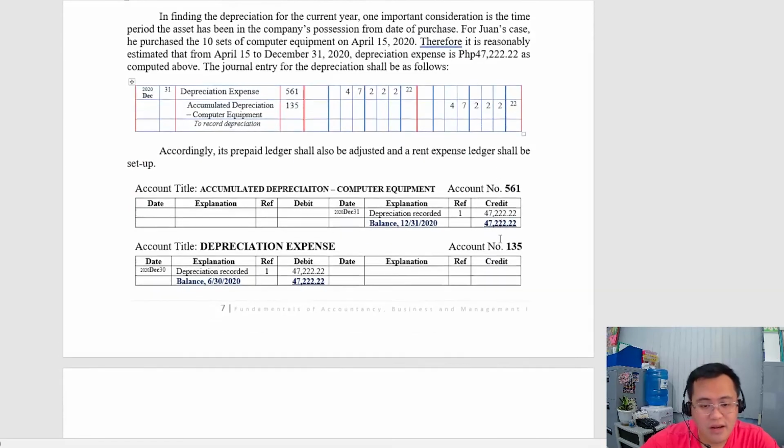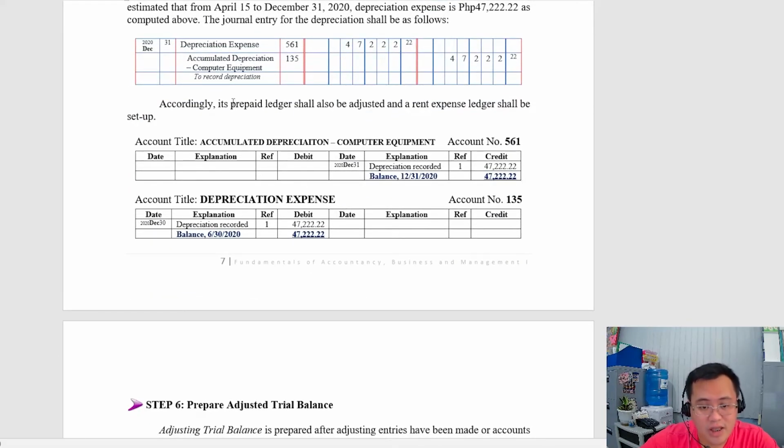So we have here accumulated depreciation, computer equipment, depreciation recorded, account number 561, and we also have depreciation expense, ledger 135, so debit here 47,222, and then the credit on the accumulated depreciation computer equipment ledger 561 with the corresponding amount of 47,222.22, and that is for the year end on December 31, 2020.